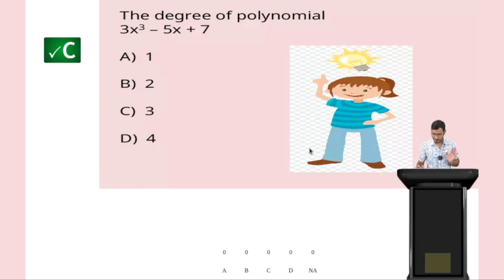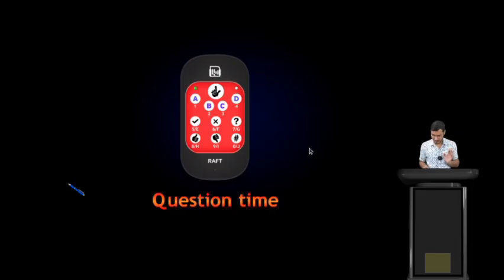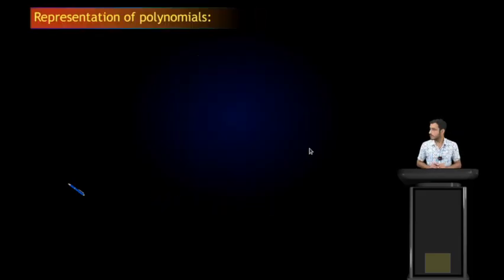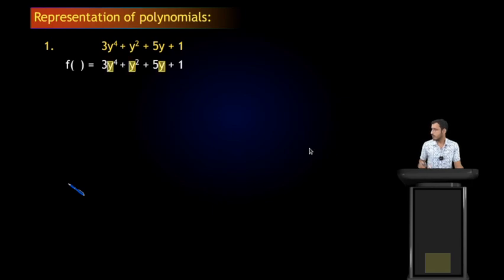Now let's move to the next part: representation of polynomials. Here we have one polynomial, 3y to the power 4 plus y square plus 5y plus 1. The polynomial contains the variable y, so we can write f(y), which means a function of y.